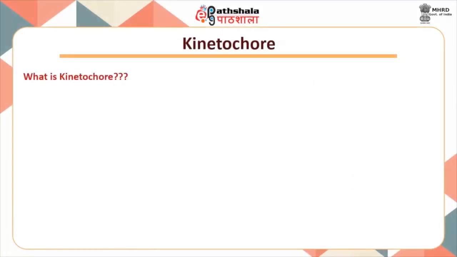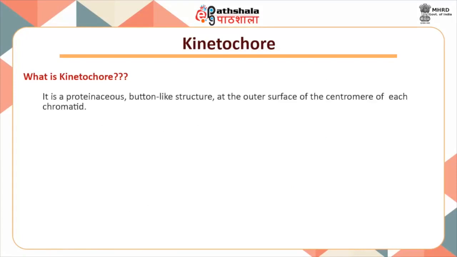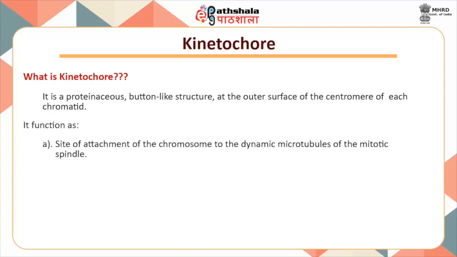Examination of sections through a mitotic chromosome reveals the presence of a proteinaceous button-like structure that is called the kinetochore, at the outer surface of the centromere of each chromatid. The kinetochore assembles at the centromere during prophase, and it serves as the site of attachment of the chromosome to the dynamic microtubules of the mitotic spindle.